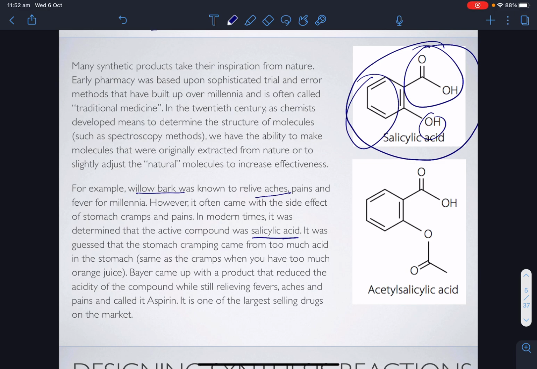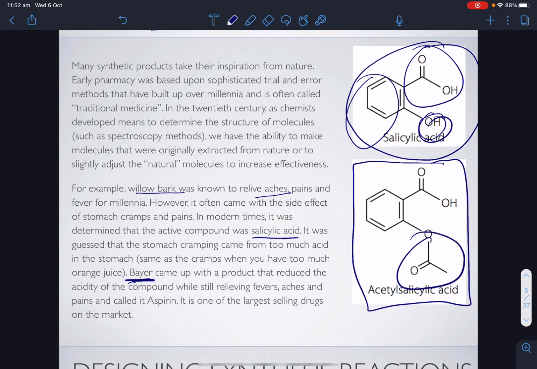So one of the big pharmaceutical companies in the 20th century, Bayer, trialed different variations of the salicylic acid, and they came up with this other one that we called, in the older naming system, acetyl salicylic acid. So notice how instead of the alcohol group, we've now got this ester group on here.